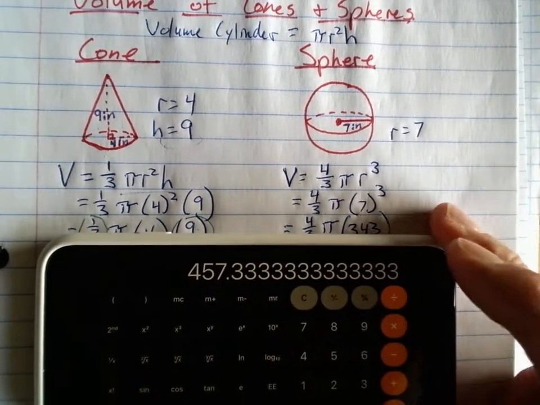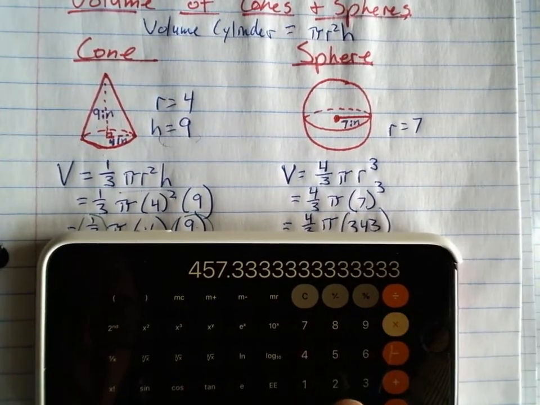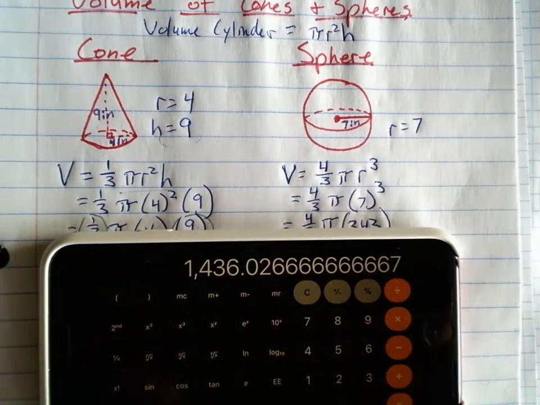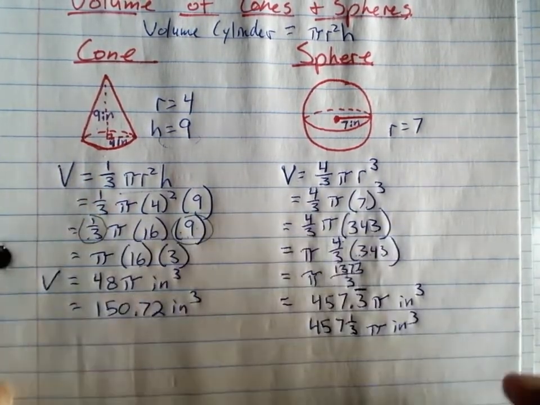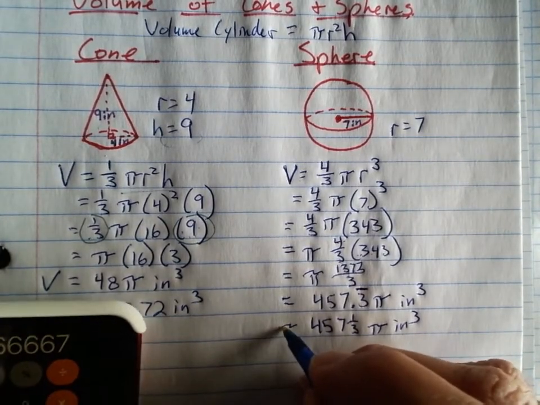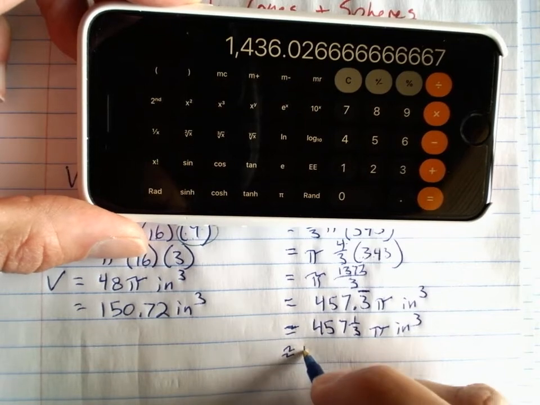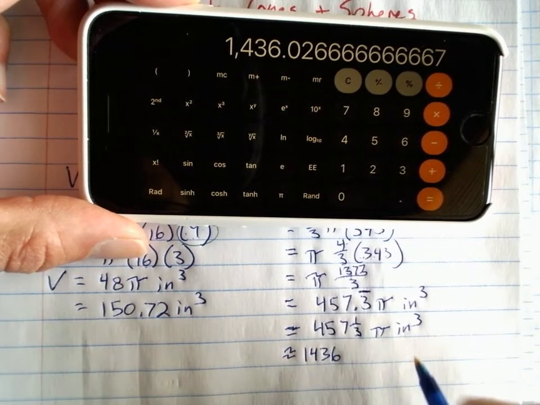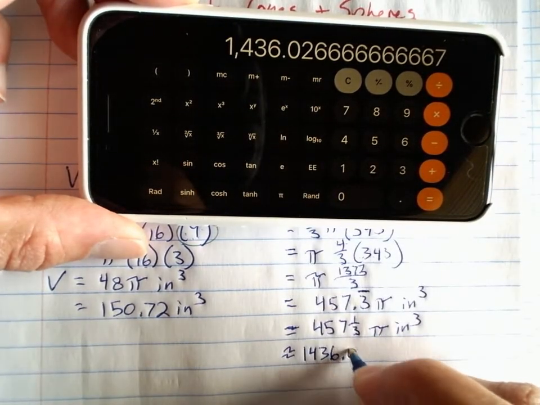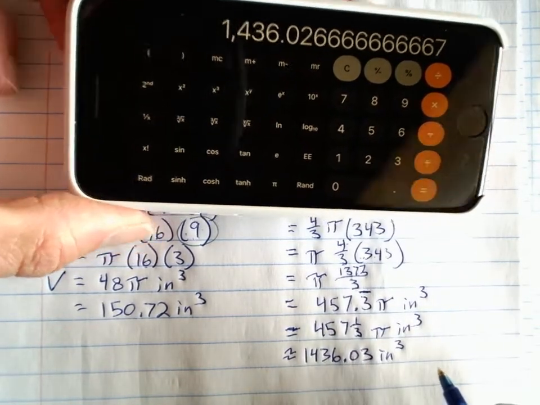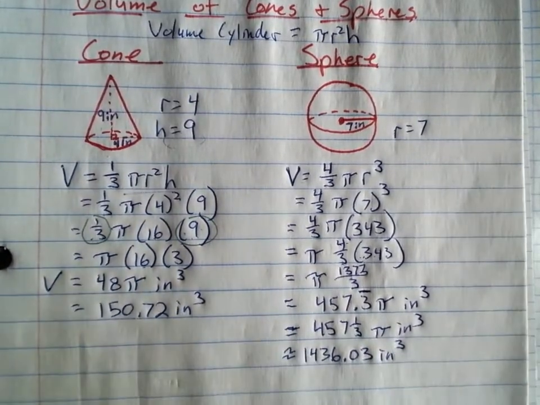Or you could take that number and multiply it by 3.14, which gets you that monstrosity. So equals approximately 1436.03 inches cubed, okay? All of these answers are good.